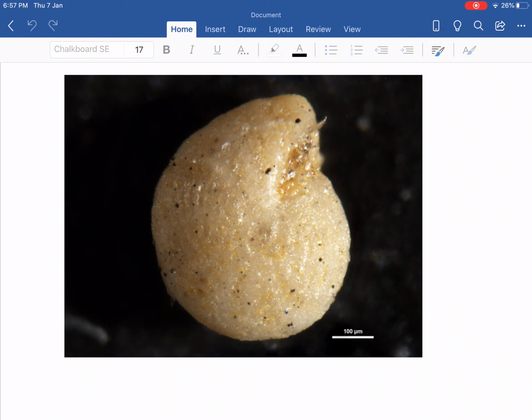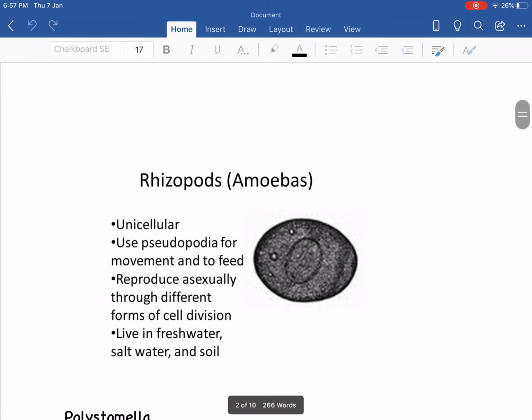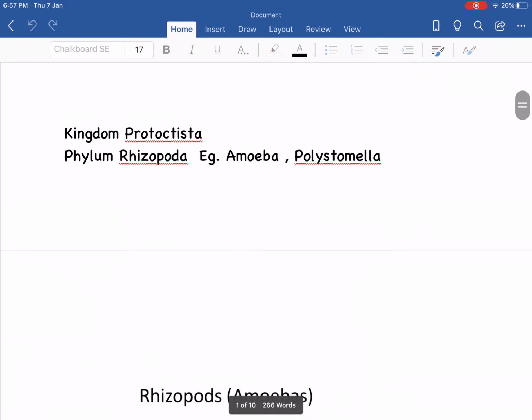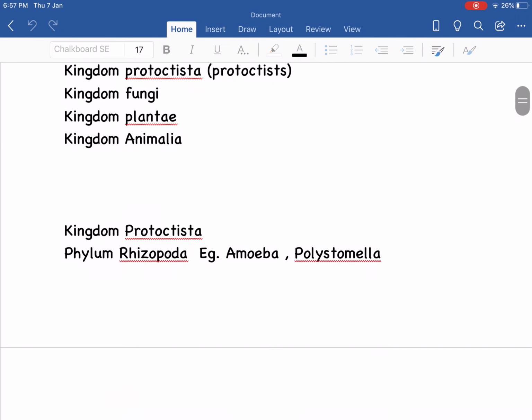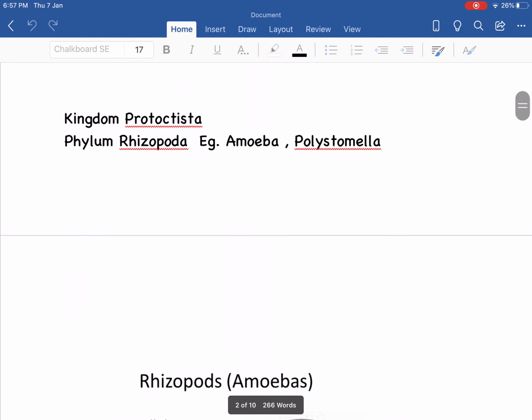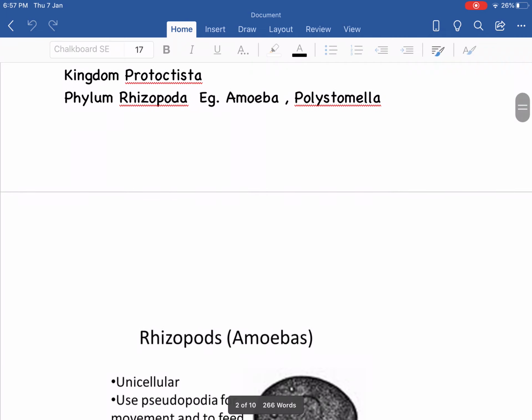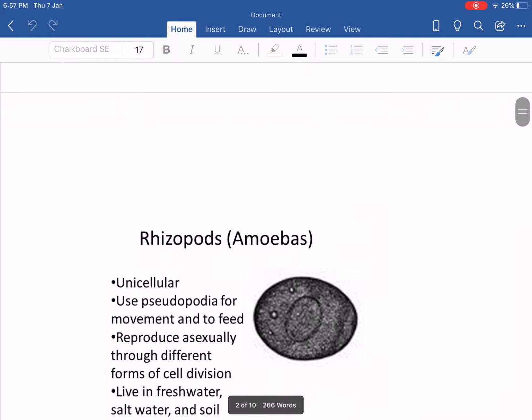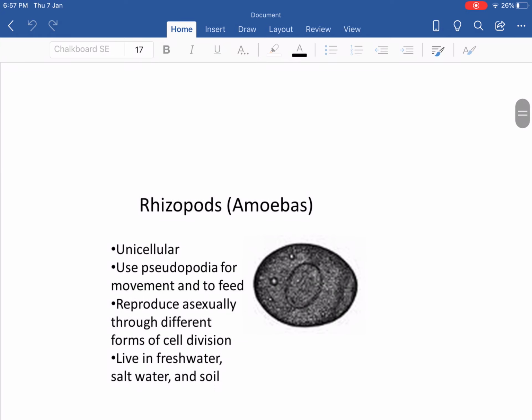That's 100 divided by 1 million meters. So that's a 10,000th of a meter. So the kingdom Protoctista has Phylum Rhizopoda, which is made up of amoeba, and their locomotory structure is the pseudopodia.